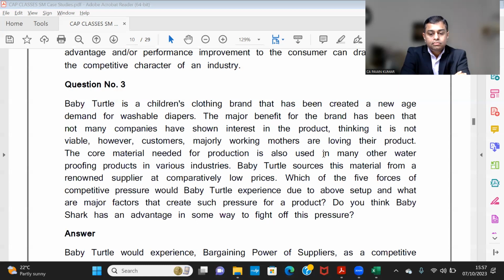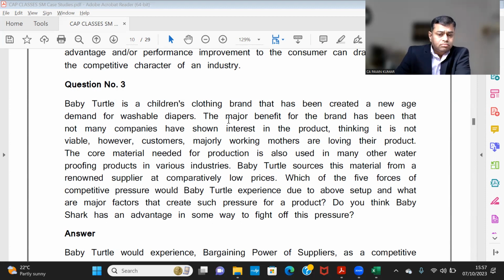Baby Turtle sources this material from a renowned supplier at comparatively low prices. Which of the 5 forces of competitive pressure would Baby Turtle experience due to the above setup, and what are the major factors that create such pressure for a product? Do you think Baby Turtle has an advantage in some way to fight off this pressure?